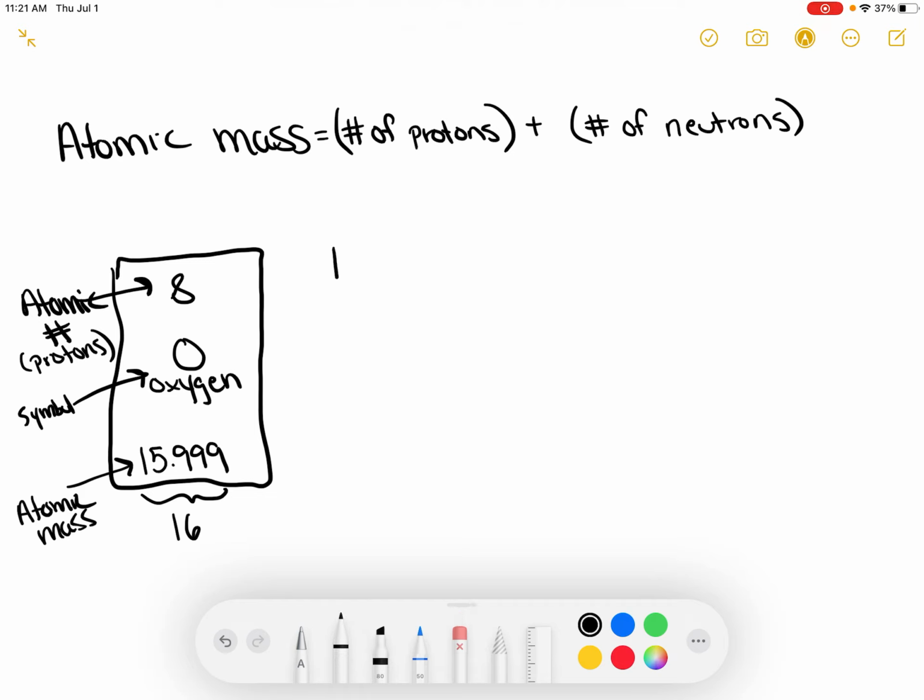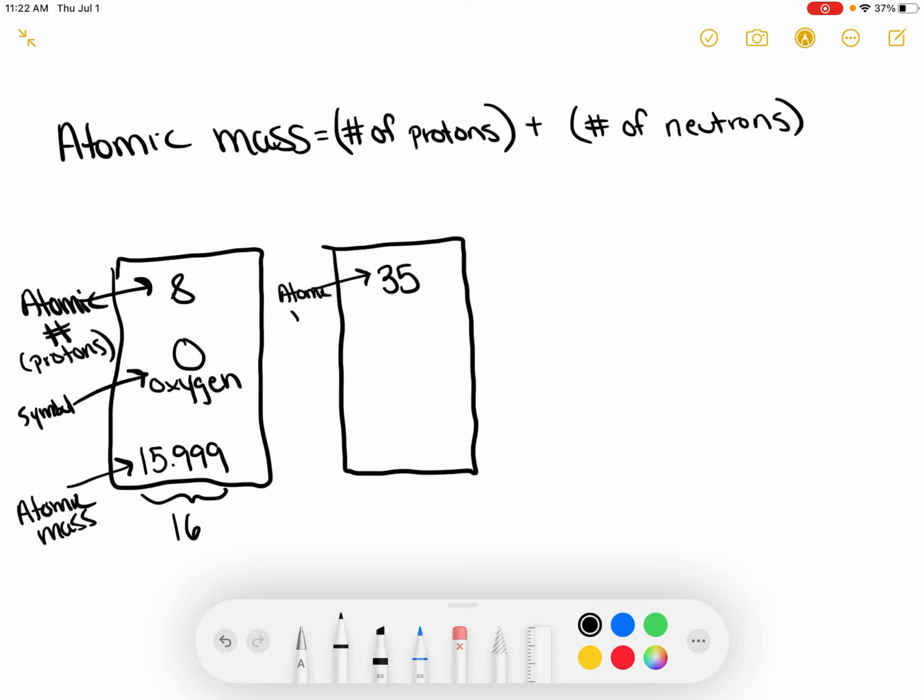Let's zoom in on a little bigger element. Let's zoom in on bromine. Bromine has an atomic number of 35. Its symbol is Br for bromine.